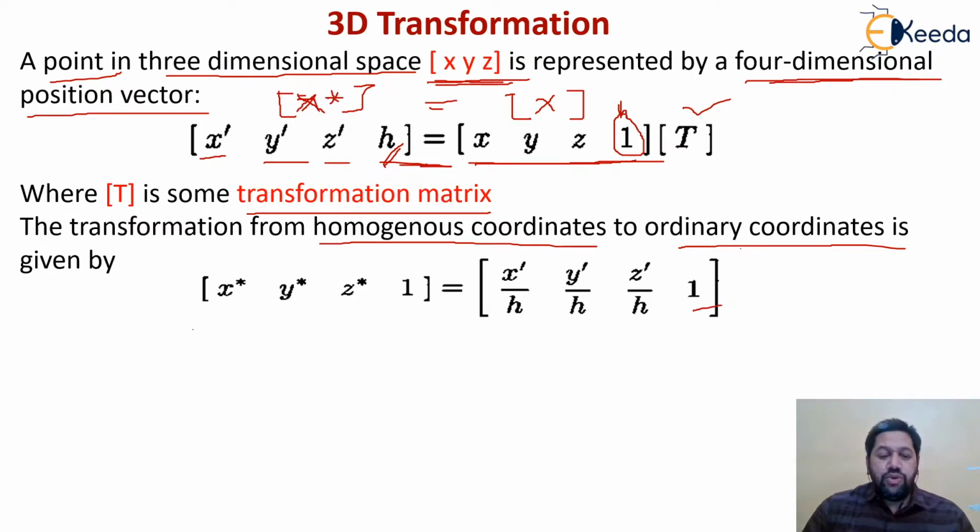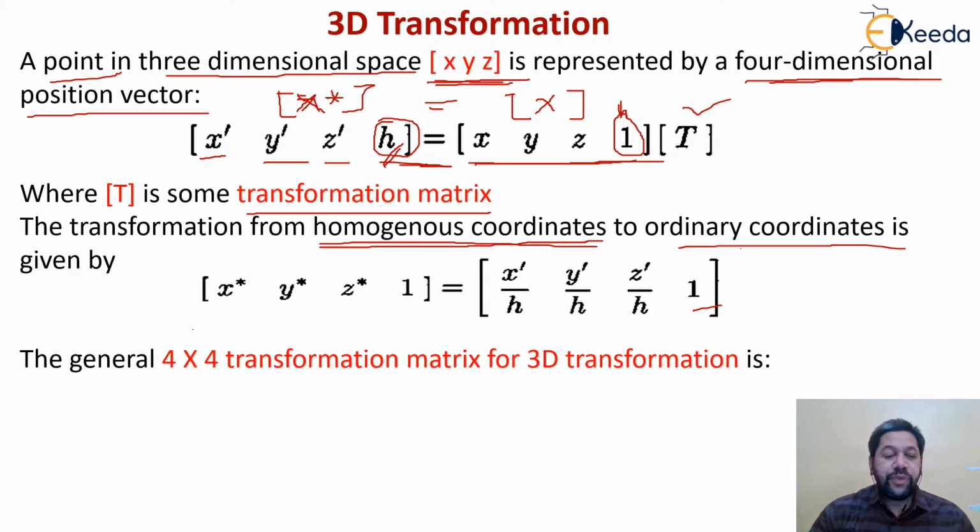We have to divide x dash, y dash, z dash by the h value. That's why I said the value is generally 1, so any number divided by 1 gives the same number as it is. This is our representation of the 3D point with respect to the homogeneous coordinate system.